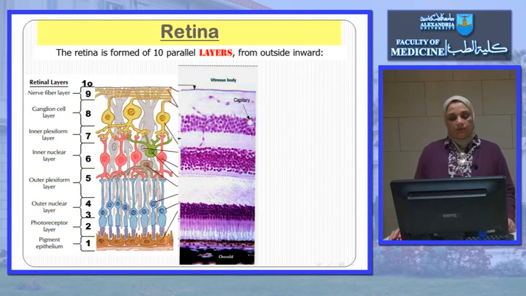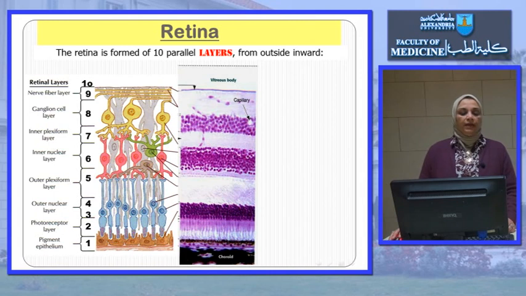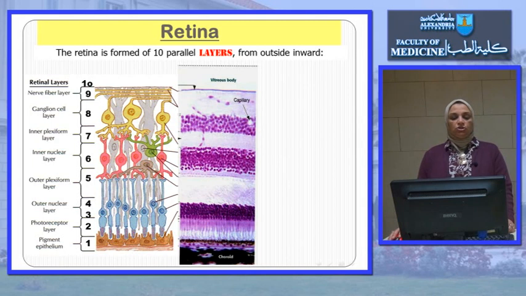When axon terminals synapse with dendrites of the layer above, they form a layer faintly stained in the form of fibers in the histological section, called the plexiform layer. So what's the plexiform layer? This is a layer of fibers, the synaptic contact between axon terminals and dendrites of cells. So the axon terminals of rods and cones, together with the dendrites of the layer above, mainly the bipolar cells.